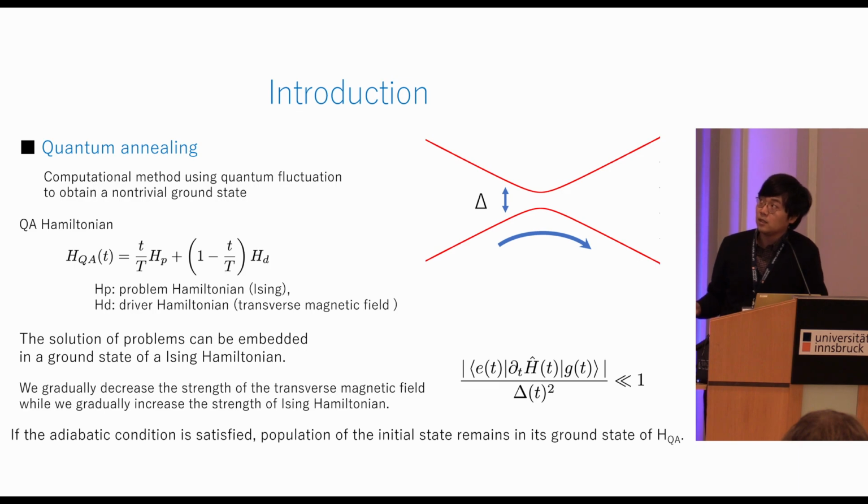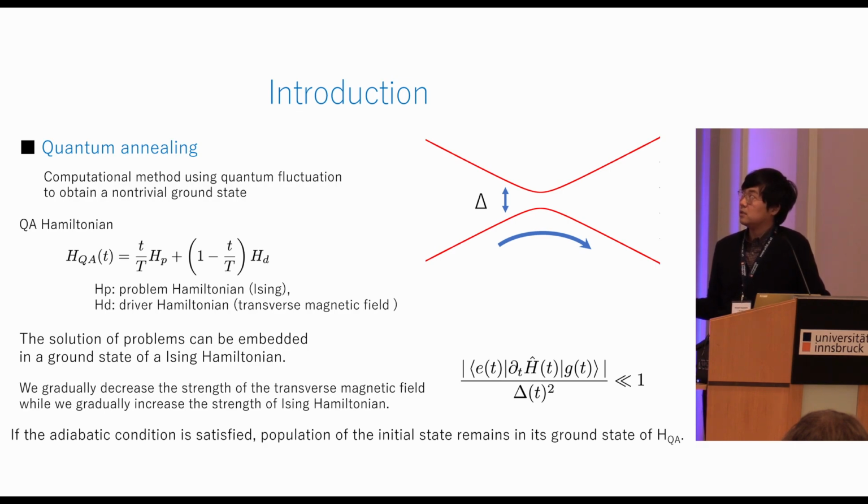Quantum annealing Hamiltonian is given by this form, where HP is the problem Hamiltonian and HD is the driver Hamiltonian. The solution of the problem can be embedded in the ground state of the Ising Hamiltonian.